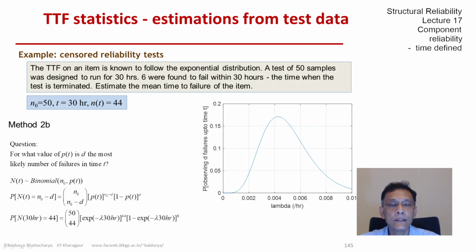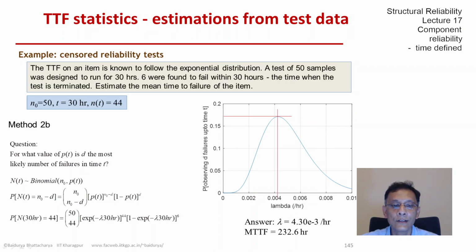Now, if I just plot the value of this probability, n equals 44, as a function of lambda, that is the graph that you see on the right, and clearly there is one peak, and if I find out the value of lambda that gives me that peak, it turns out to be about 4.3 10 to the minus 3 per hour, very close to what we had before, a little different, and the mean is coming to 232.6 instead of 234.7.